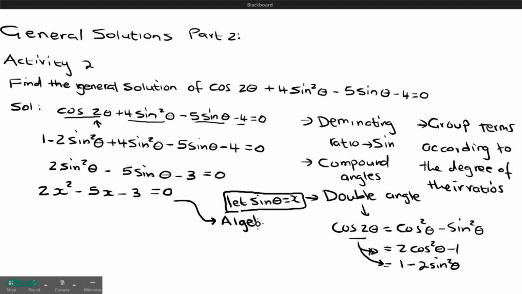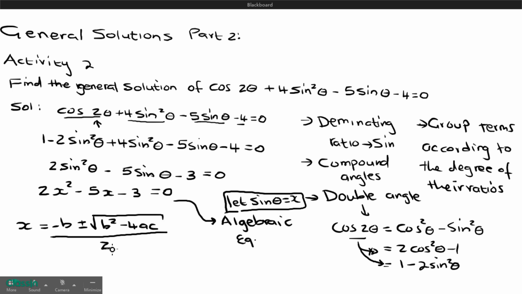Using the algebraic equations, we can see that x equals minus b plus or minus the root of b squared minus 4ac, all divided by 2a.